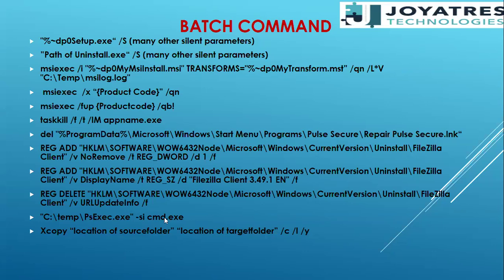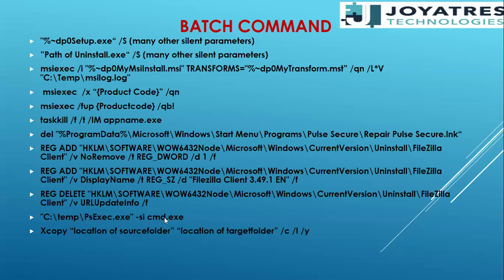Here we don't have to specify the dp0 because the uninstallation.exe will be there on the user's machine. For many such exe applications we get the uninstallation.exe already on our machine, like we have it for FileZilla. So we have to specify the path of that exe, and with the slash s silent parameter, you can uninstall that application.